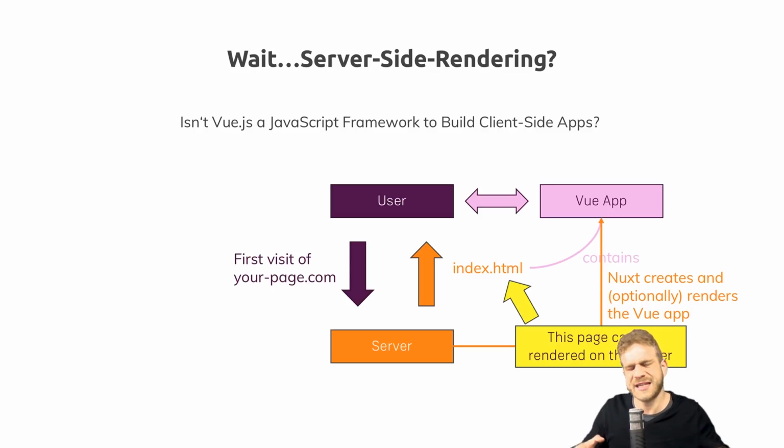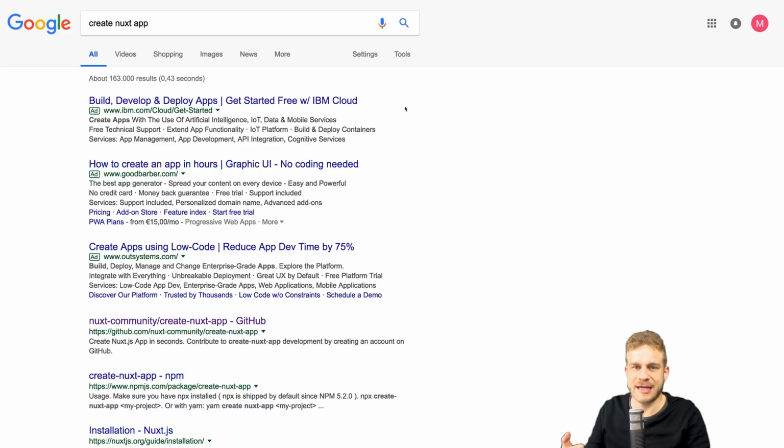Now let's take a look and let's simply create a Nuxt app to get a better feeling for what happens and to leave that world of theory here. To create a new Nuxt app, I will use create-nuxt-app, which is like a CLI, you could say. It is a tool which you execute from the command line, from the terminal on Mac, which makes the creation of a Nuxt app simpler.